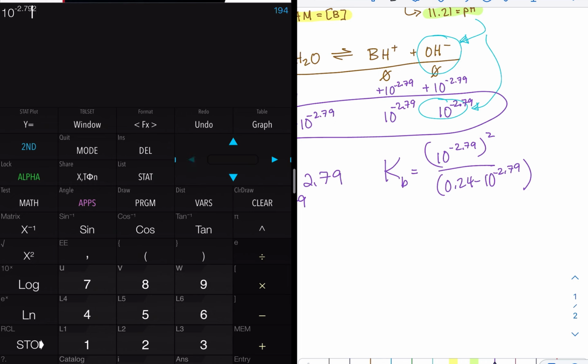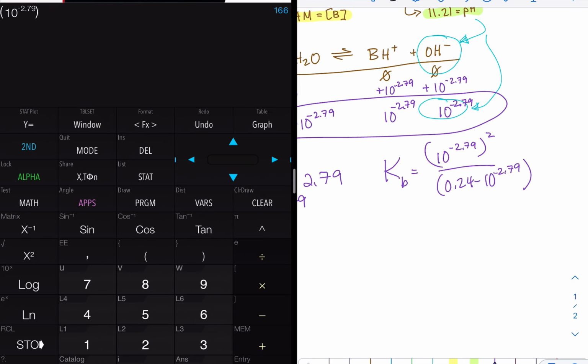That's not what I want. Ooh, I really need to practice these things. Let's see. All right, here we go. Parentheses, inverse log of negative 2.79. That's how you do it.